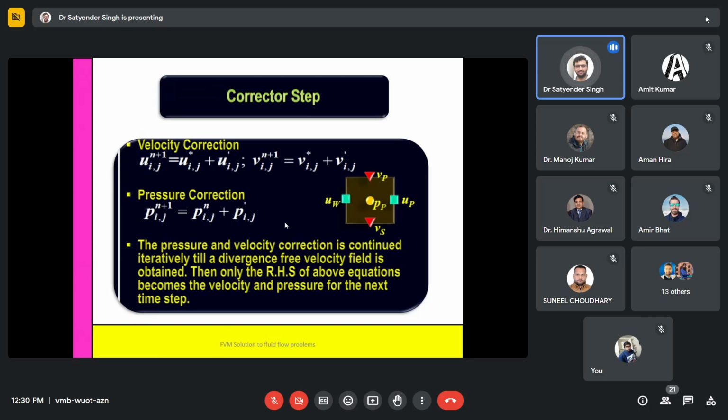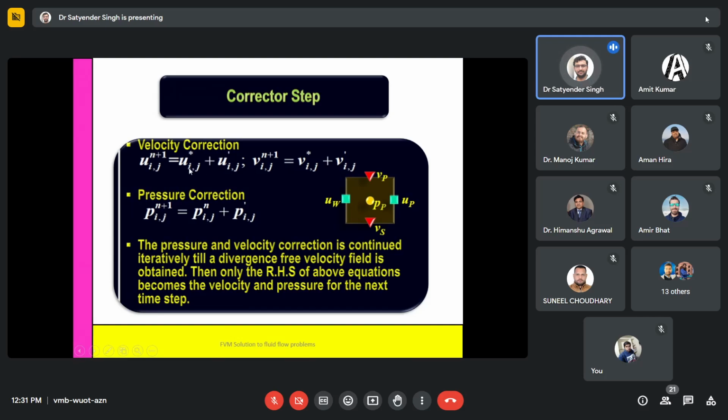So that will be used, and we will be predicting the values for u and v velocity, and similarly for pressure. This is done for the velocity after the corrector step. So this is unknown, so we rearrange. This is the predictor step. This is the corrector step.